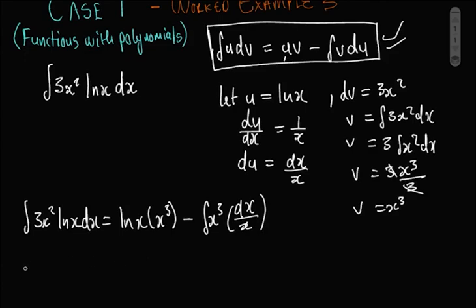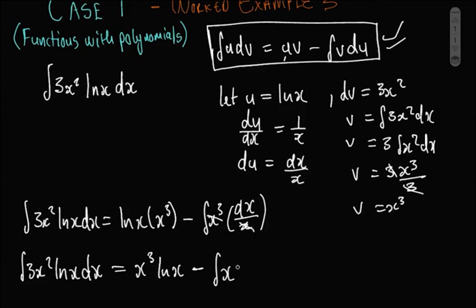So the integral of 3x squared ln x dx, which is what I'm looking for, is therefore equal to x cubed ln x minus, here this x will go into x cubed, and we will remain with x squared. So it's the integral of x squared with respect to x.